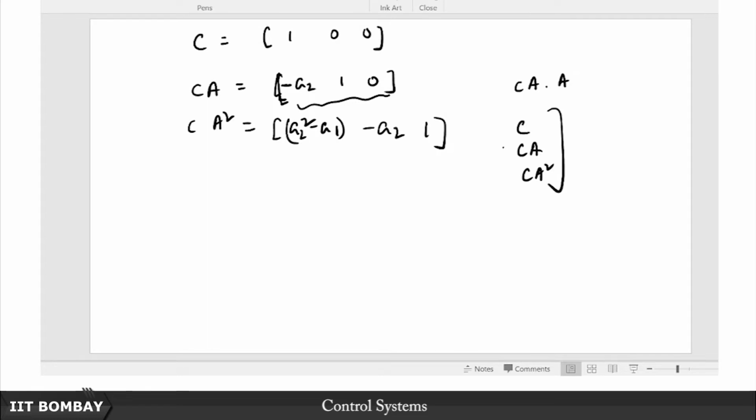So now if I write this CA squared, which is only as far as I need to go for the observability matrix, because this is a third degree differential equation, so I need to go only till n minus 1, which is 2.